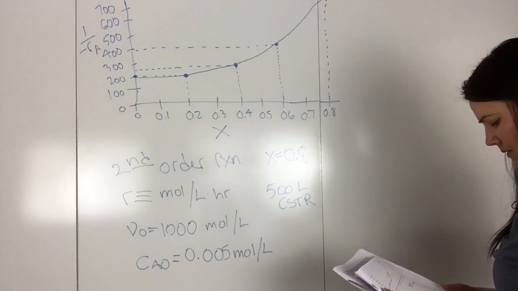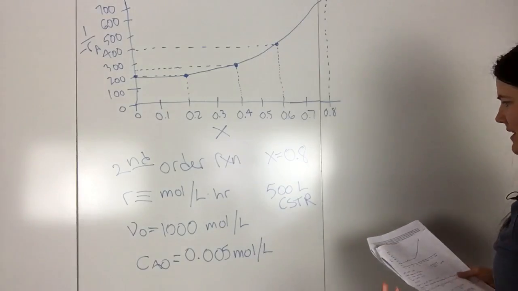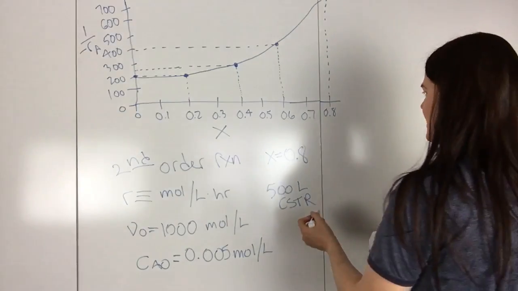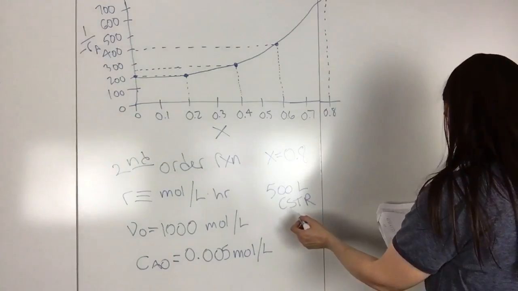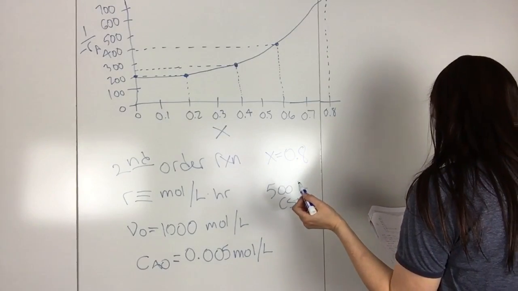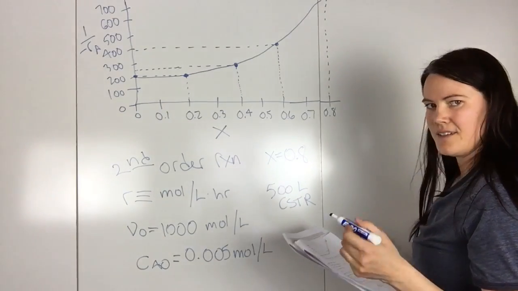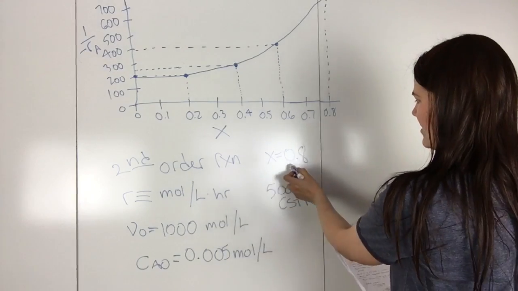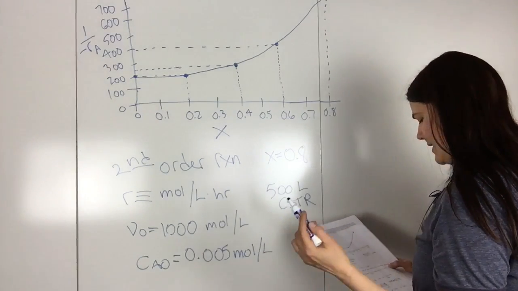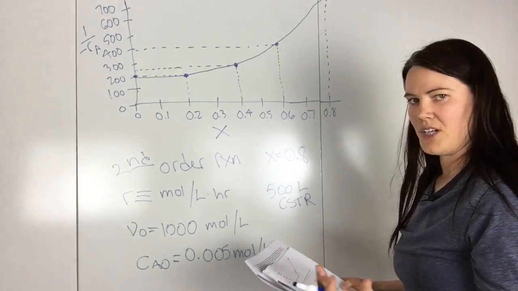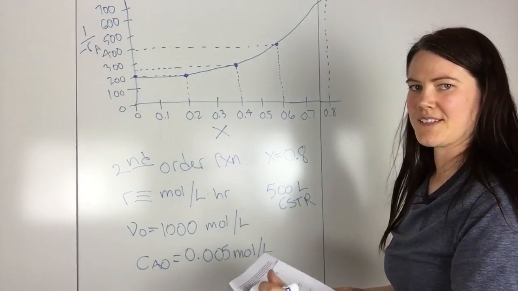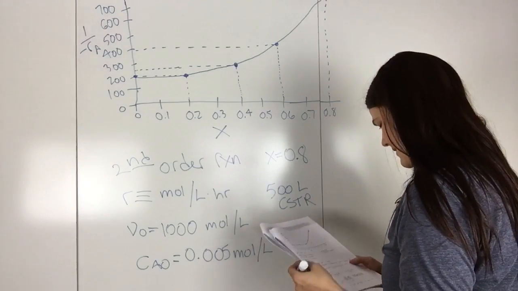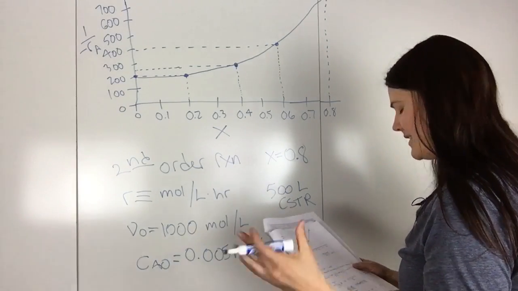And then it wants to know what is the conversion for the 500 liter CSTR, and then if we want a conversion of 0.8, what PFR volume do we need to put downstream of the CSTR to reach that?